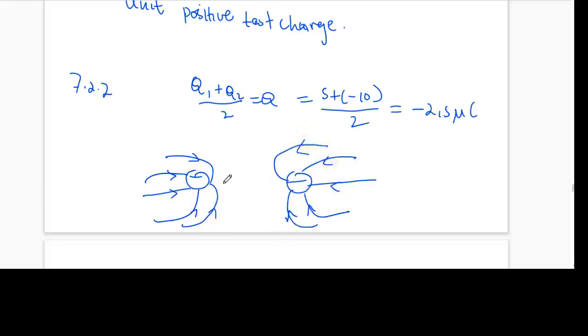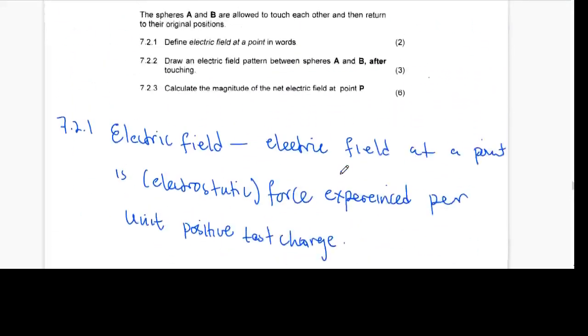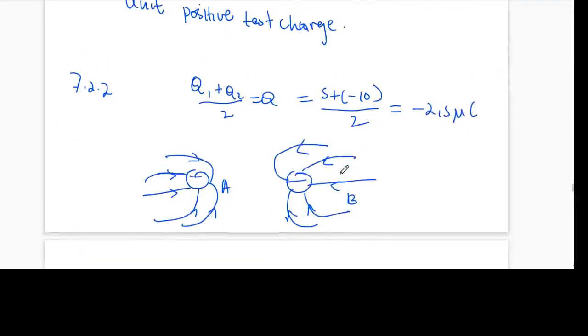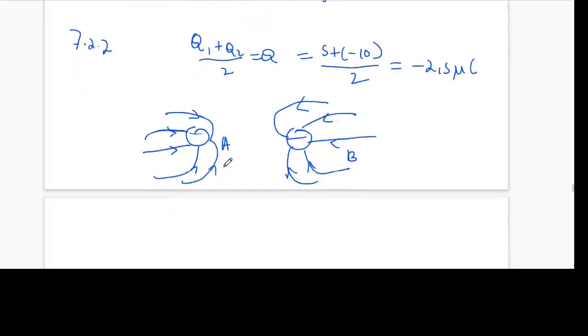This is A, this is B. So this is your answer. You see 3 marks. One mark will be for determining whether they are positive or negative, and for the shape being like this and the field lines going inwards.